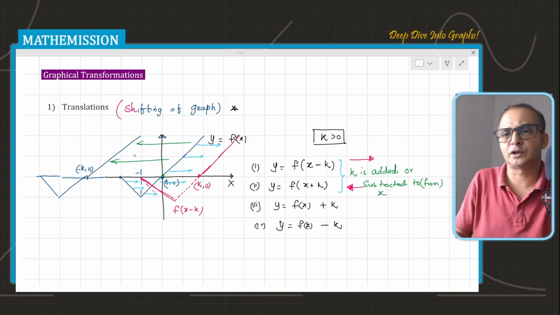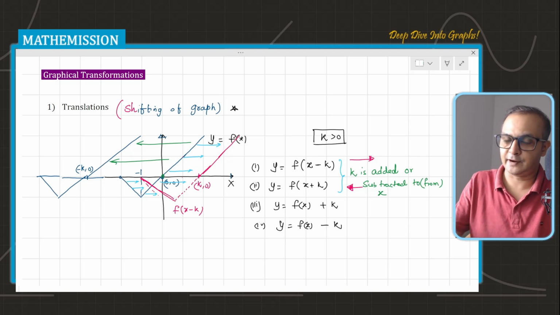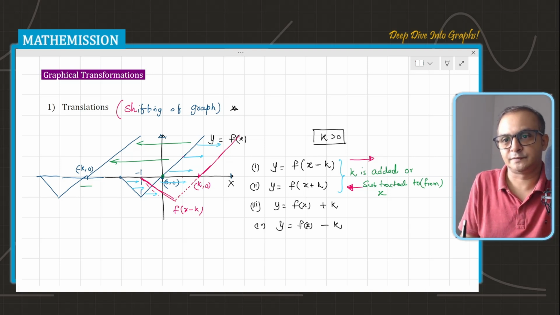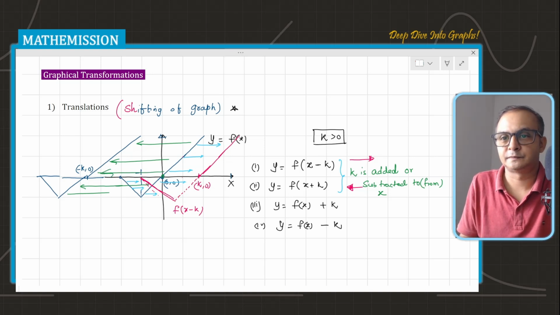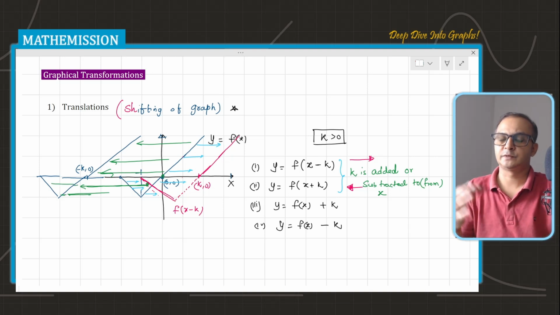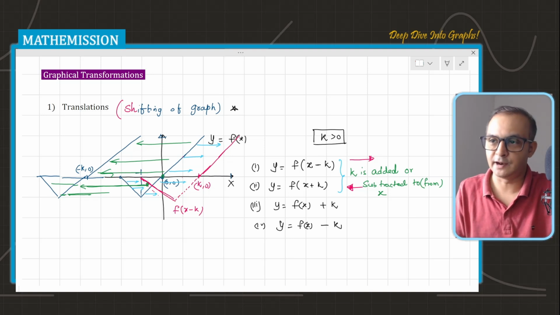I'm not taking this k, right or left k are the same magnitude. I'm just giving you the idea of how to shift. This is the kind of shifting you observe. This is coming from that part and so on, and this is coming from this part. So every piece of the graph will be shifted k unit left.